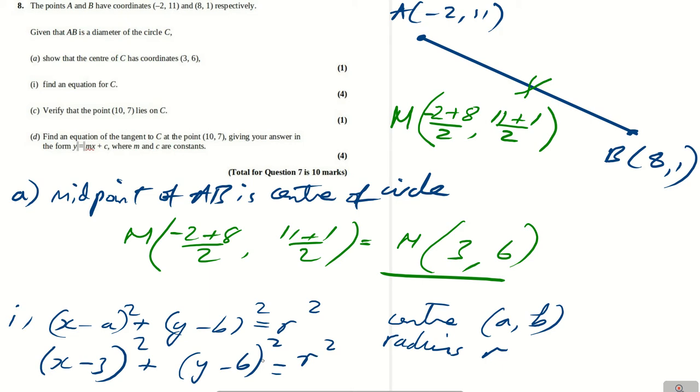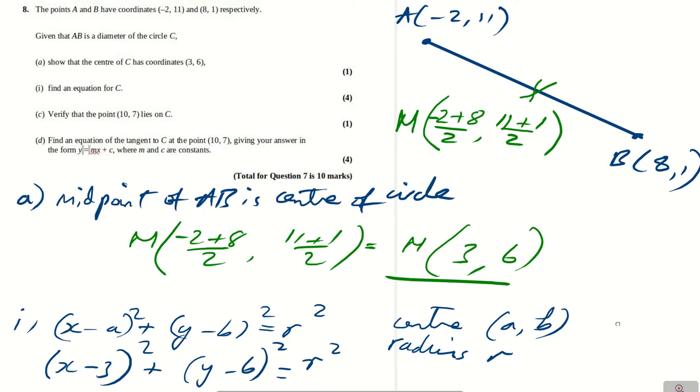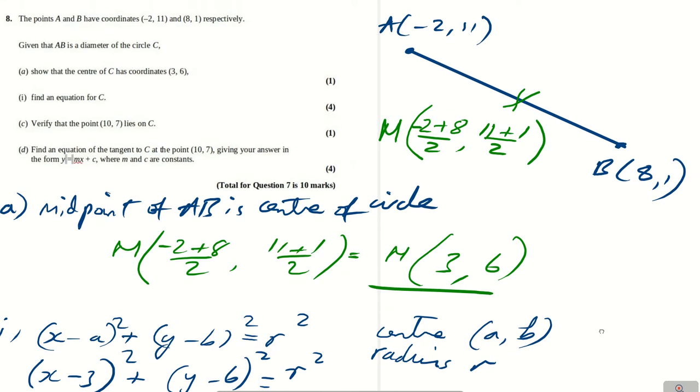So what we're really going to have to do is to find the radius of the circle. Now, however, we've got the 2 endpoints of the diameter. So what we can do is we can say, right, if we can find the distance from A to B, that will give us the diameter of the circle, and if we divide it by 2, that will give us the radius. So how can we find the length from A to B?